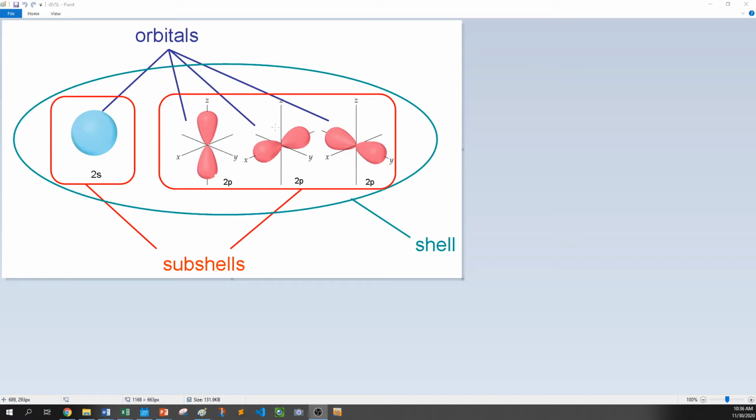Each of these individually is called an orbital. Now all p orbitals on the same energy level group together to be called a subshell. Now the entire energy level is known as the shell.